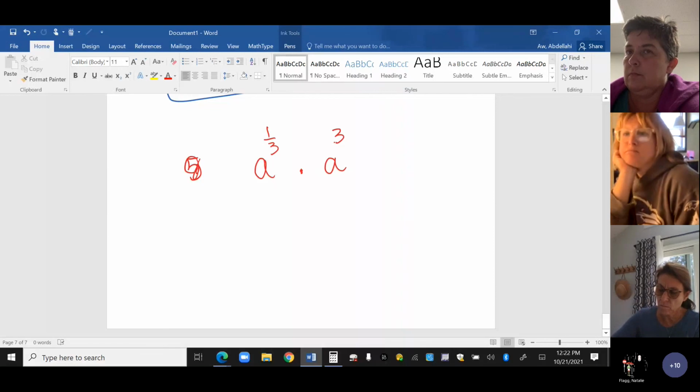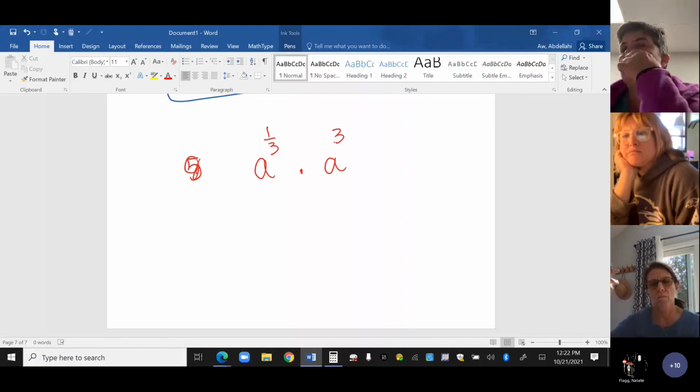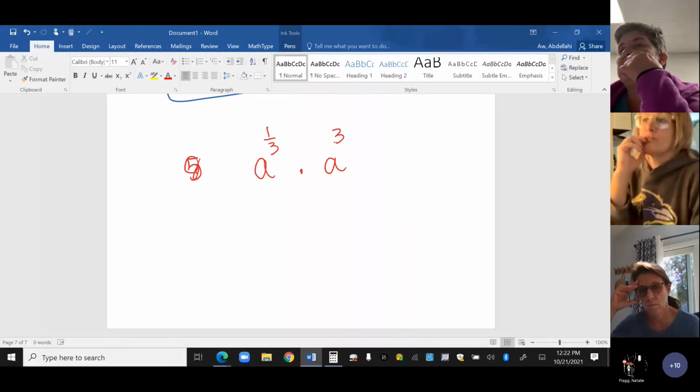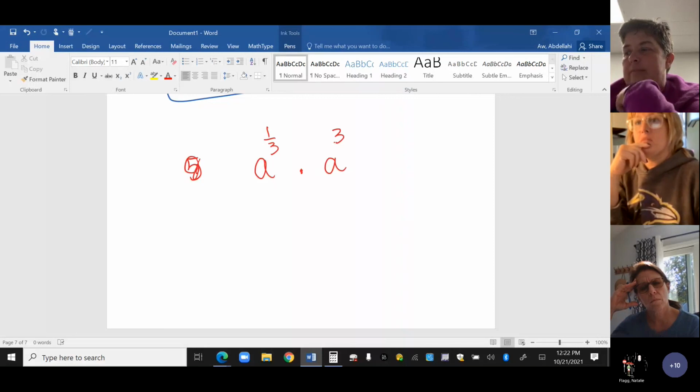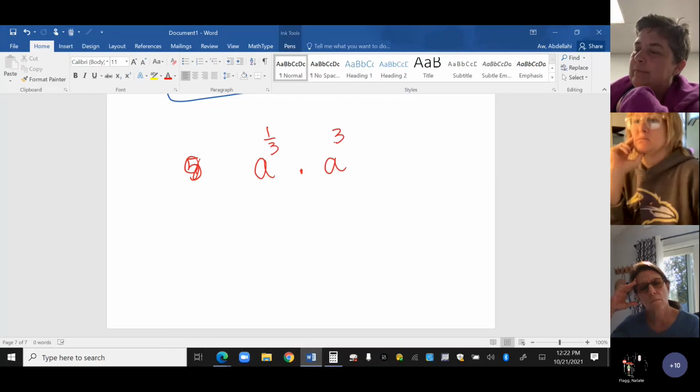Every time we multiply exponents with the same base, what is the rule? You add them up. The only difference is that the addition will be a little bit harder.